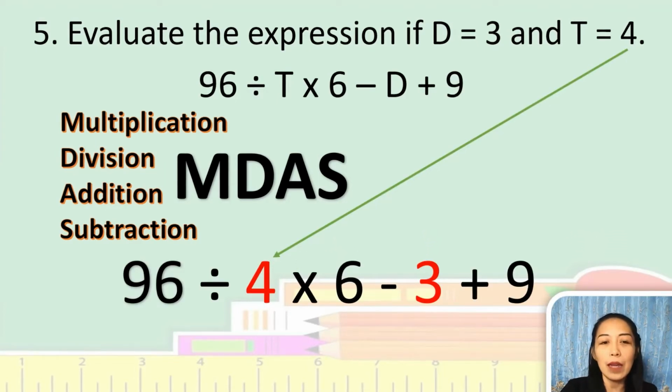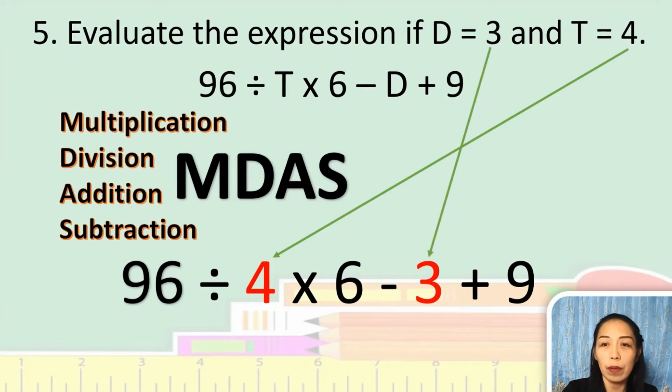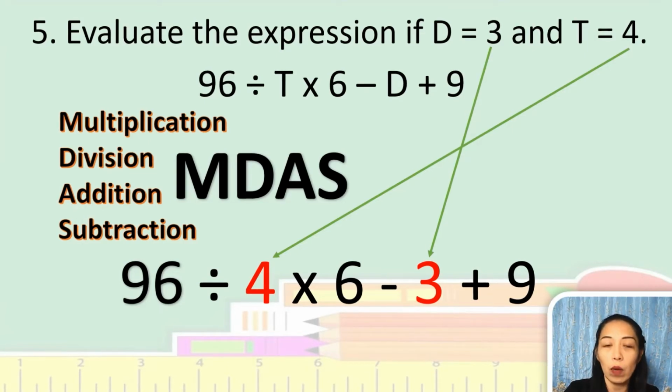So let's see, 96 divided by 4. Where does 4 come from? Alright, so we are going to substitute t. We will substitute t with 4 because it says here t is equal to 4, and then times 6 minus d, which is 3.